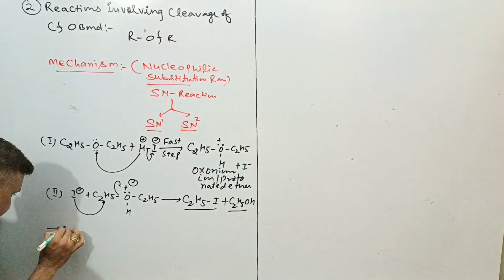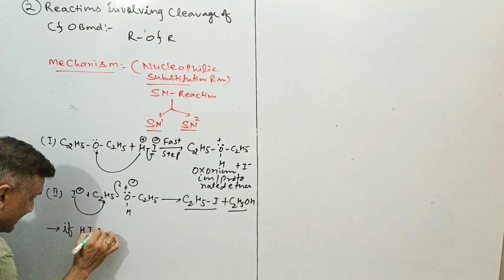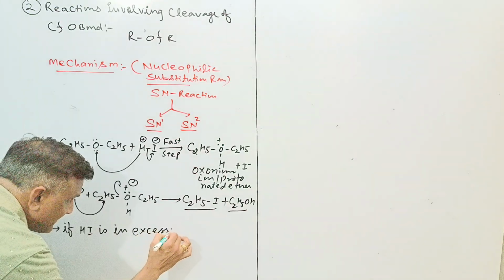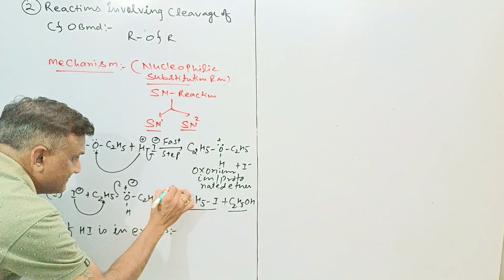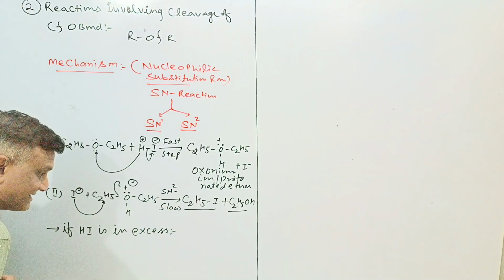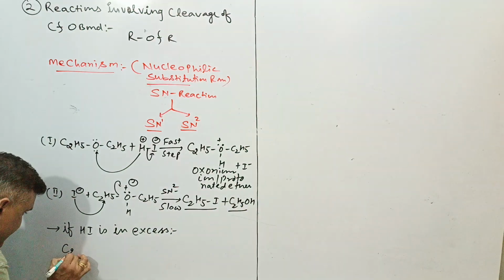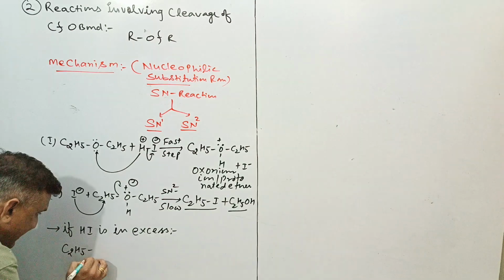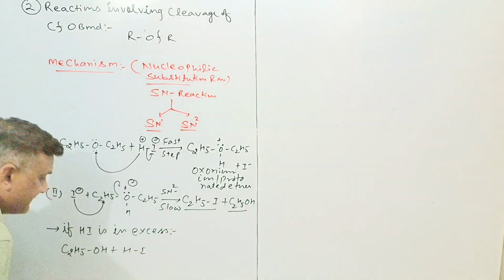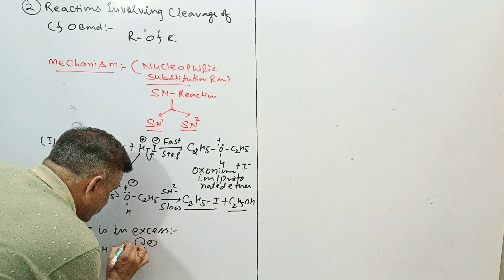If HI is in excess, this is the SN2 mechanism, and this is the slow step. If HI is in excess, then again this alcohol molecule will be attacked by the halogen acid, like this HI. Here will again be I minus, and this is the H plus.